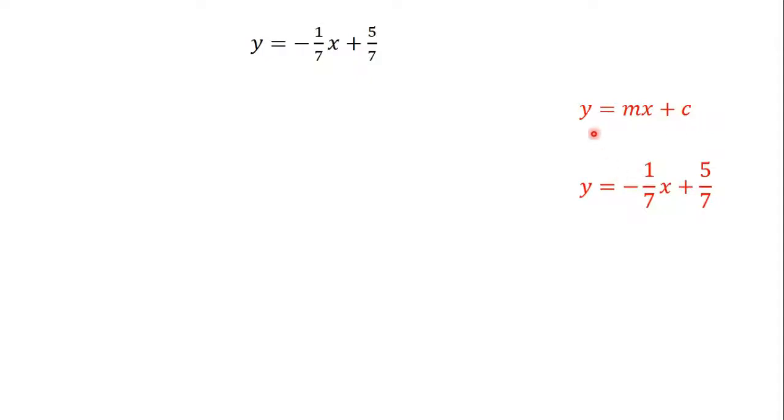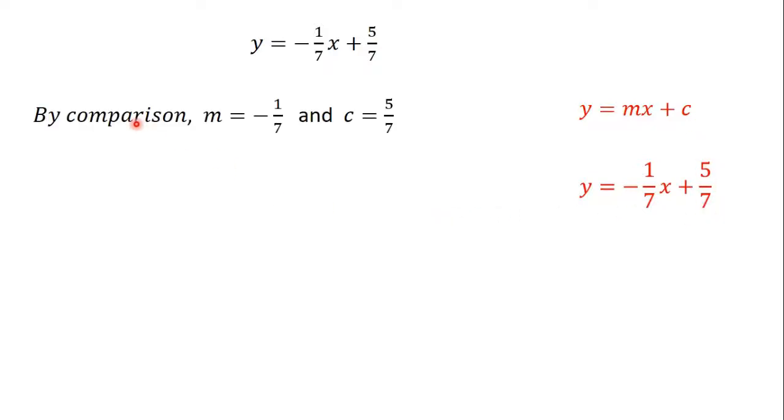When we do that, we can see that we have y here, we have y here, we have the equal to sign here, we have the equal to sign here, we have mx here, and here we have minus 1 divided by 7x. So we can see that m will give us minus 1 divided by 7. We have plus c here, and here we have plus 5 divided by 7. So c will also give us 5 divided by 7.